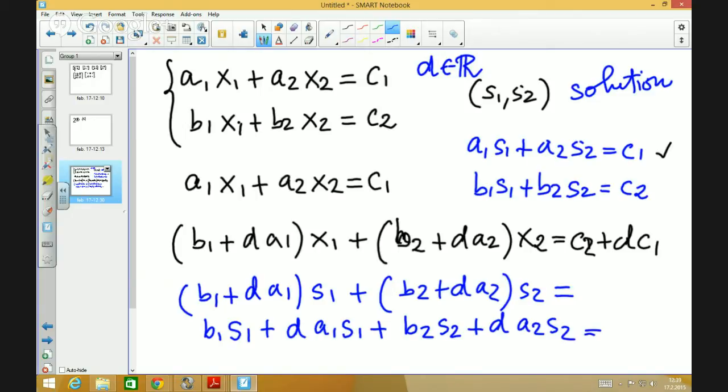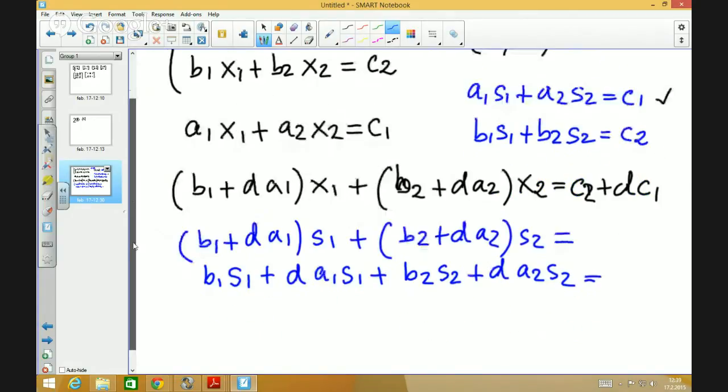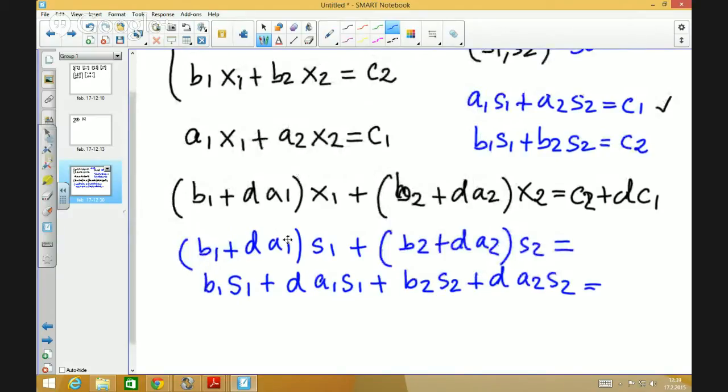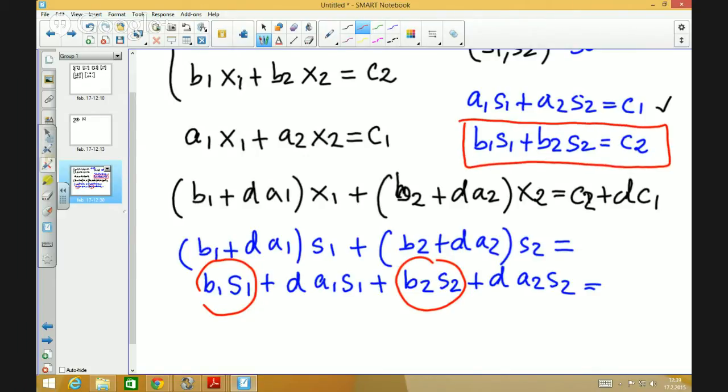Okay, what now? So let's look at the red circled parts. If we sum these together, what do we get? We get C2, because S1, S2 was a solution to the second equation that we had before. Okay, so these two together give us C2 plus.